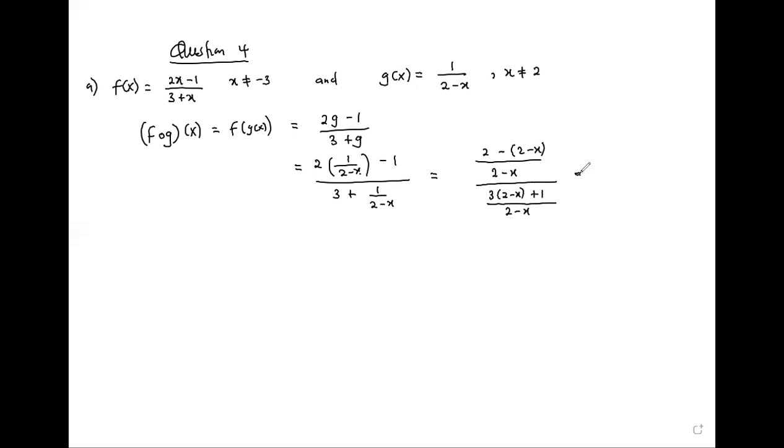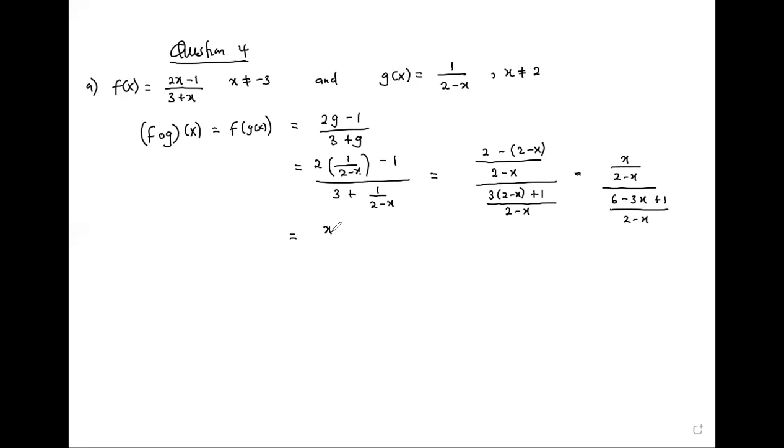You expand the top one, that is 2 minus 2, which is 0, and then negative times negative gives positive x, over 2 minus x, over 6 minus 3x plus 1, over 2 minus x.